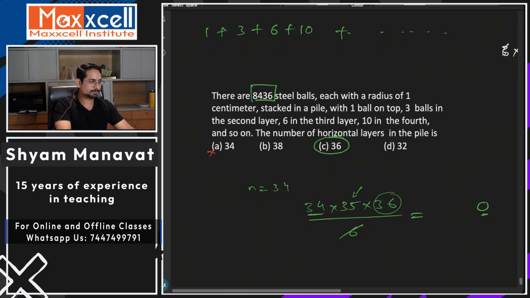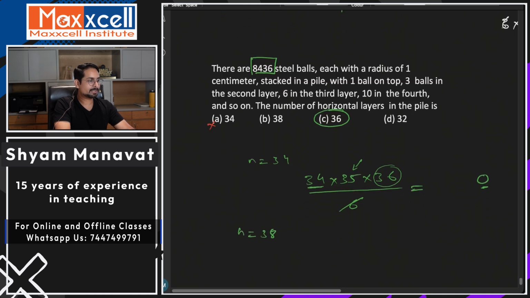38, you will have the same issue. If you substitute n equal to 38, then you get 38, 39 as n plus 1 and 40 as n plus 2. First of all, you can still cancel by 3 and by 2, that will work, but still you have got 0. That means the product is again going to end with 0.